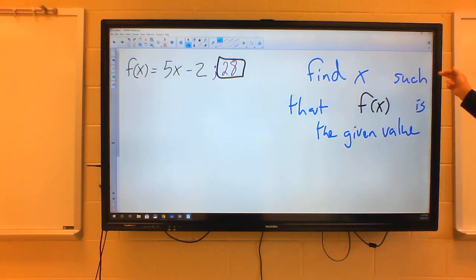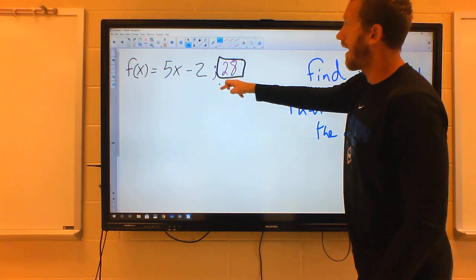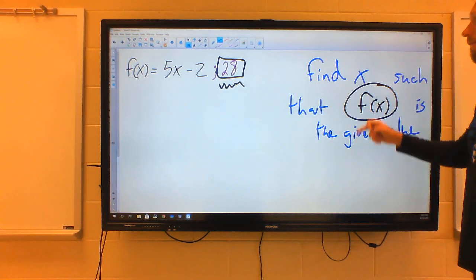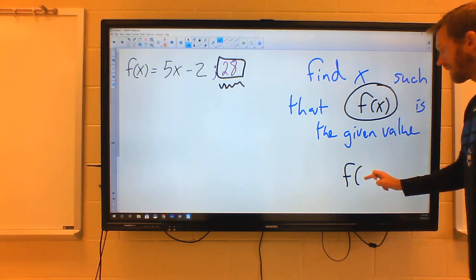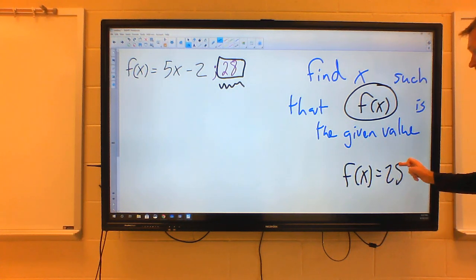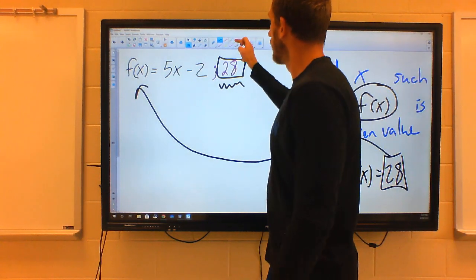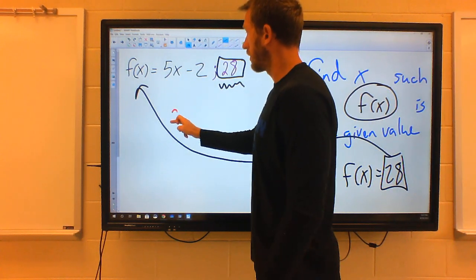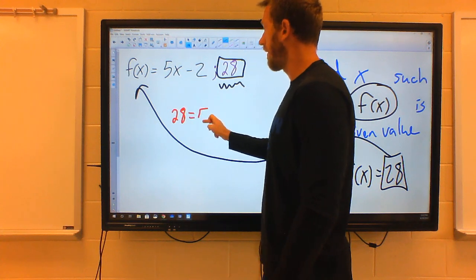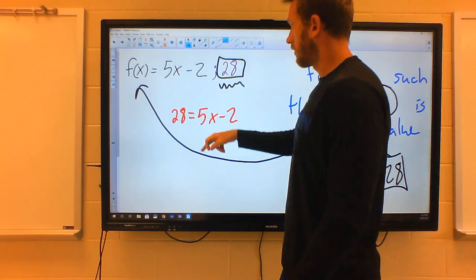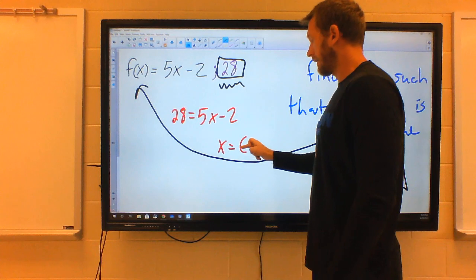What this means is find x such that f of x is the given value. So this given value must actually be f of x. What they're basically telling us is f of x is 28, meaning use 28 over here. Meaning set up our equation to be 28 equals 5x minus 2 to solve to get x equals 6.